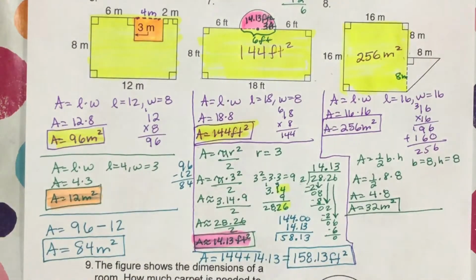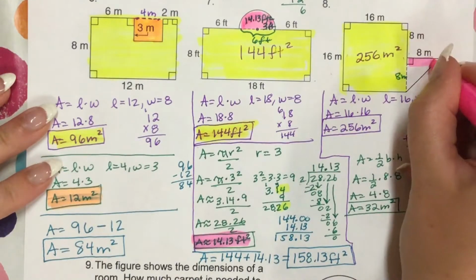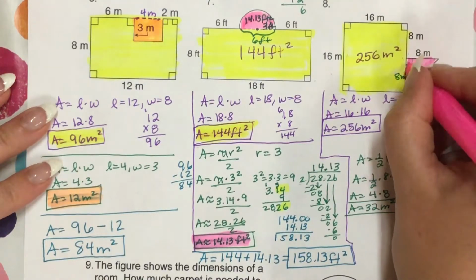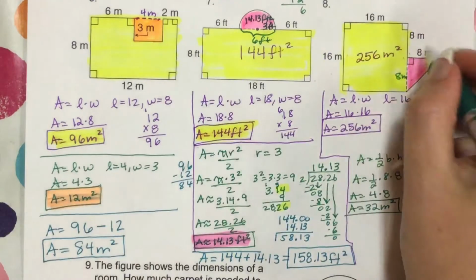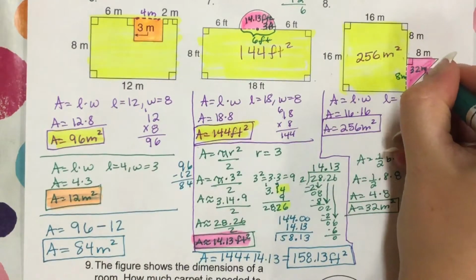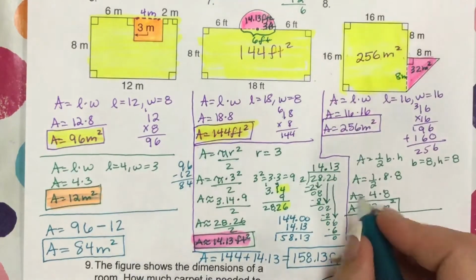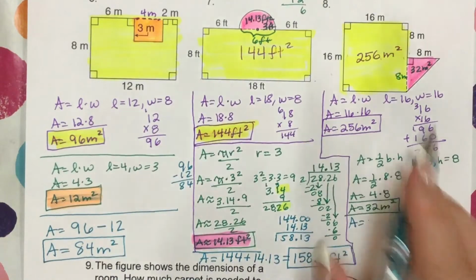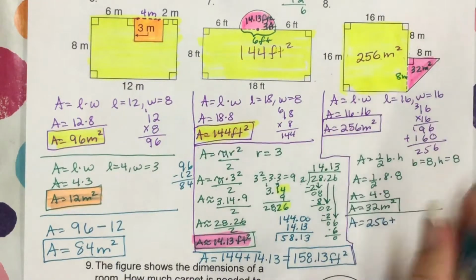Okay, so that would be this portion right here. That portion is 32 meters squared. So now we just need to find the area of the whole thing, which means we're going to go 256 plus 32.